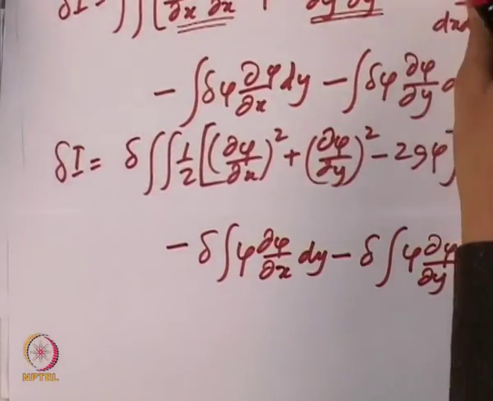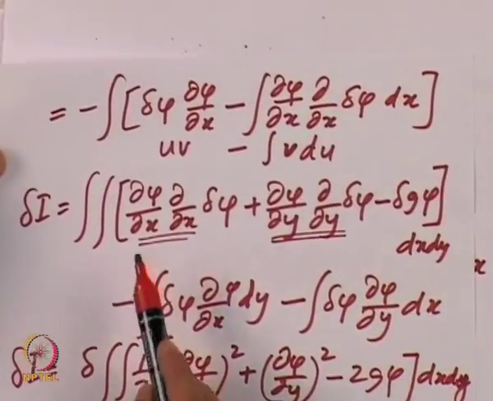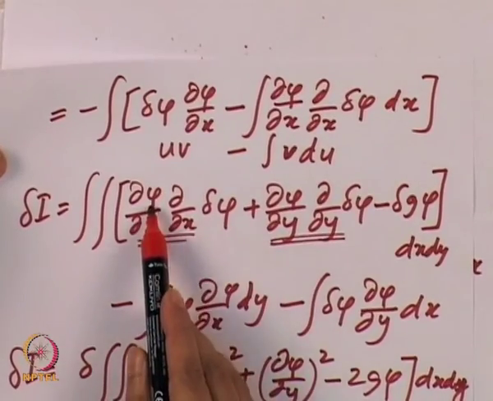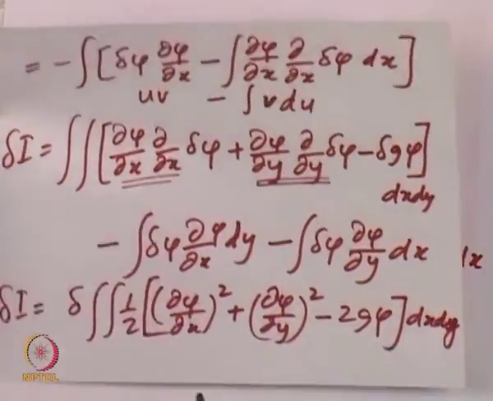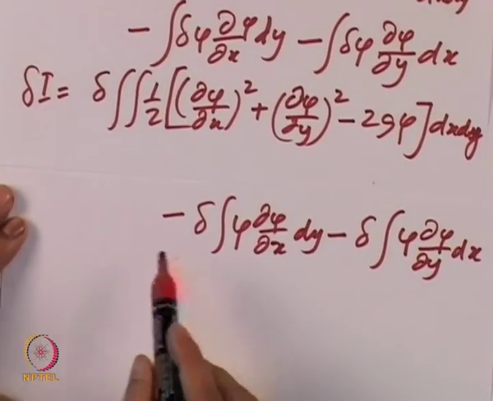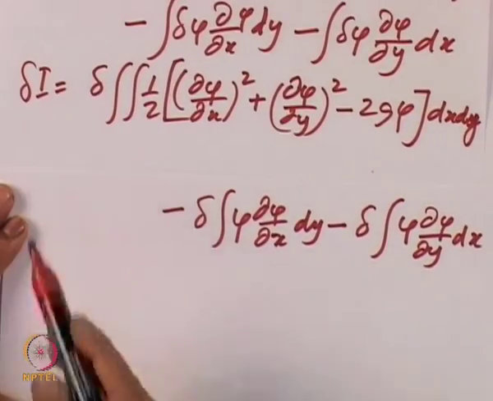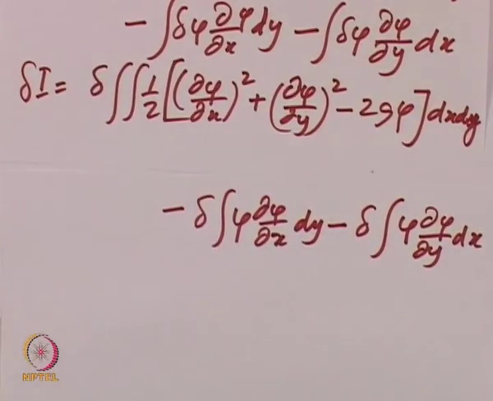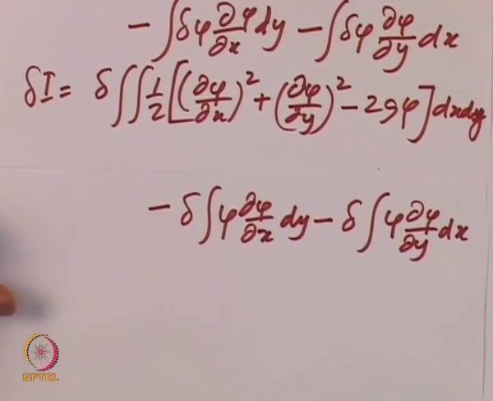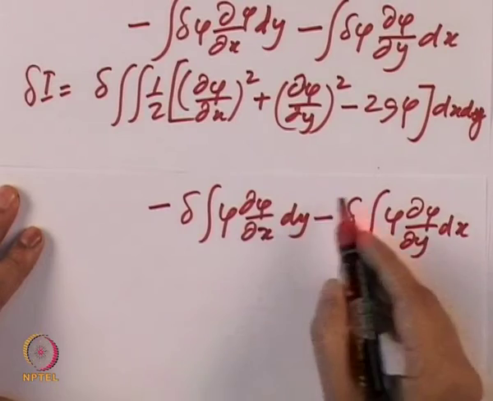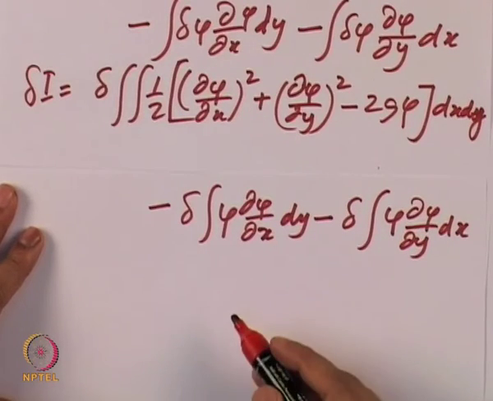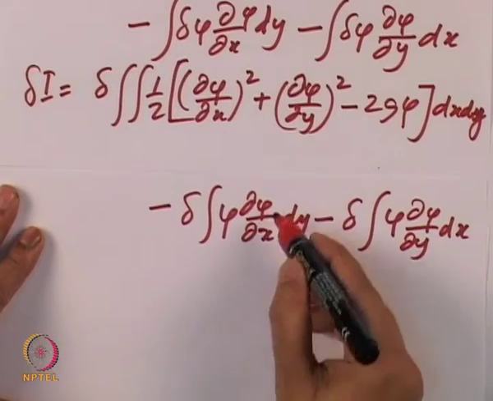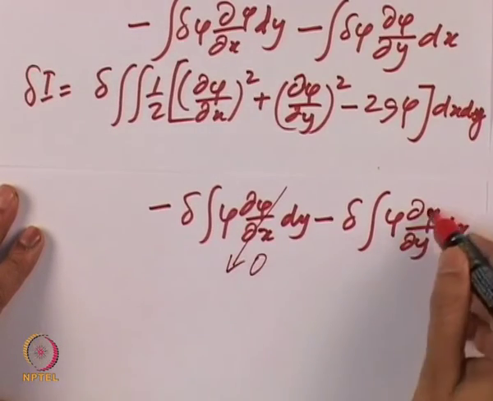In the initial expression the del term was always inside, and I have taken the del term outside the expression to derive a form which has del terms outside the integration. So now I can apply the Dirichlet and Neumann boundary conditions. Remember, these terms are the boundary condition terms, and if we are talking about a homogeneous boundary condition, these terms will be equal to 0.